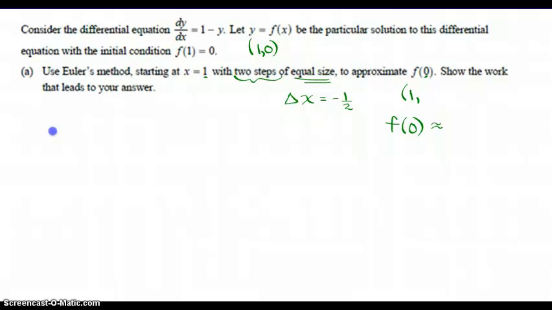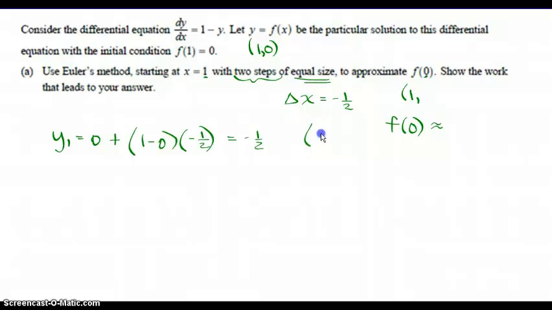All right, so y1 is the previous output plus the slope through the previous point times a change in x. Sorry, my mouth and my hand aren't communicating. I know that that previous point is 0. So this is 0 plus 1 times -1/2, so that's -1/2.